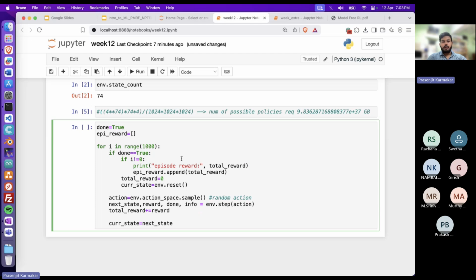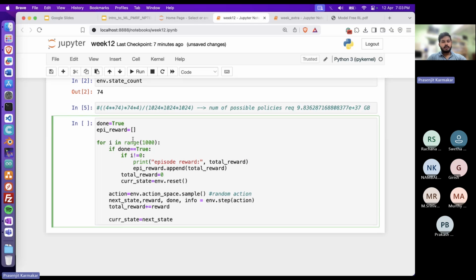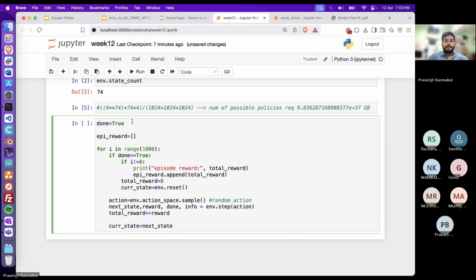Since we are controlling over the number of steps, or interaction timestamps, one to 1000, we also have to track which episode is currently running. So current episode is equal to 1.